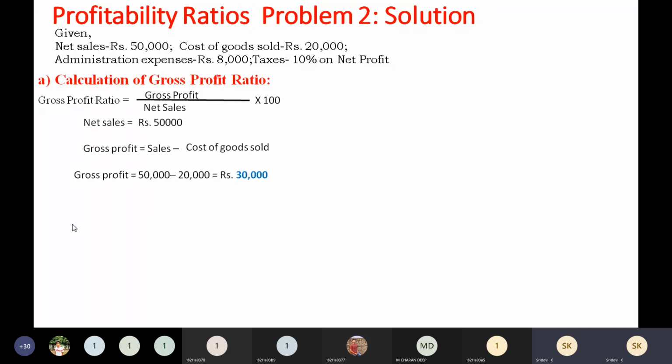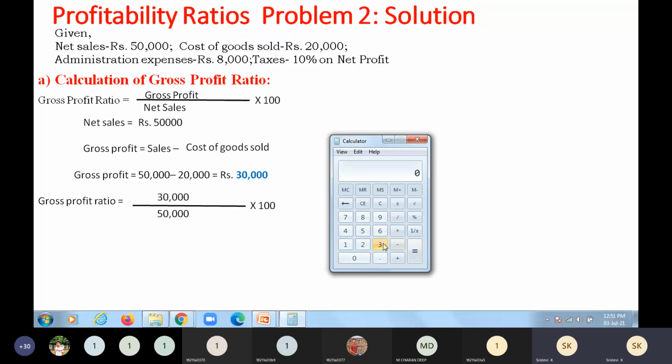Now substitute this in the formula to get the gross profit ratio. Gross profit is 30,000, so 30,000 divided by net sales, 50,000, multiplied by 100. How much will 30 divided by 50 be?